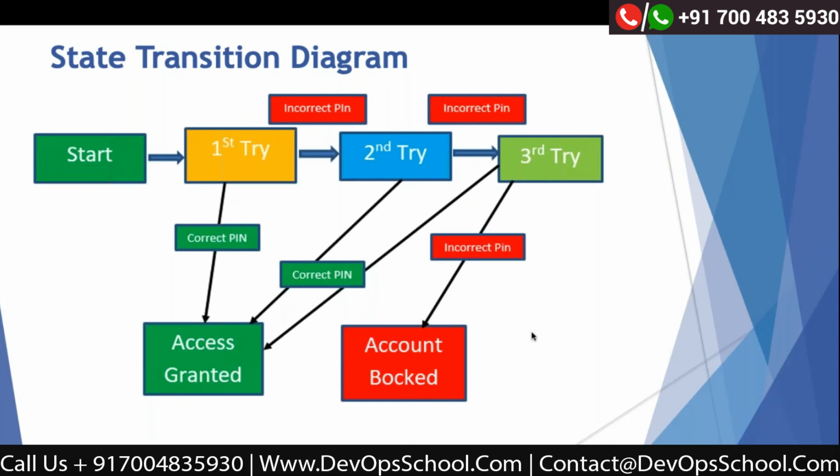So the time will be increased, or sometimes, based on our settings, your mobile will be permanently locked, or a security alert message will be sent to you saying that you have tried too many times. A separate link will be given to access that device. If you lost the device and somebody is trying to access your mobile with the wrong pin, the data will be erased. That kind of setting can be set.